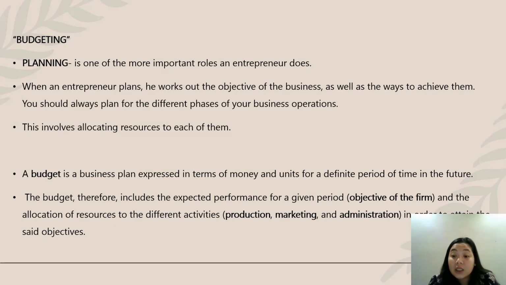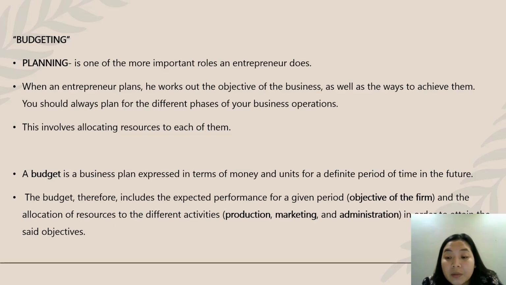So a budget is a business plan expressed in terms of money and units for a definite period of time in the future. So the budget therefore includes the expected performance for a given period, objective of the firm, and the allocation of resources to the different activities like production, marketing, and administration in order to attain the said objectives.